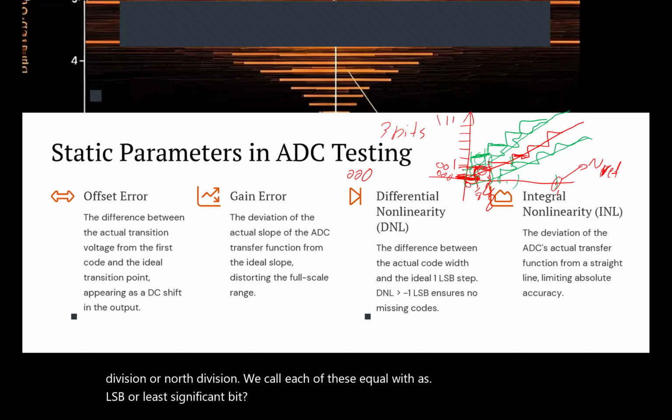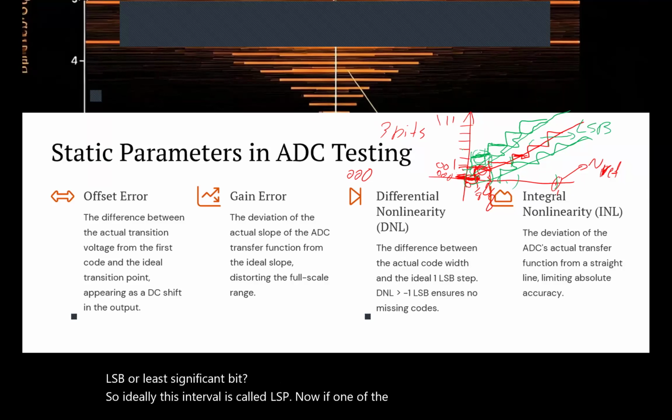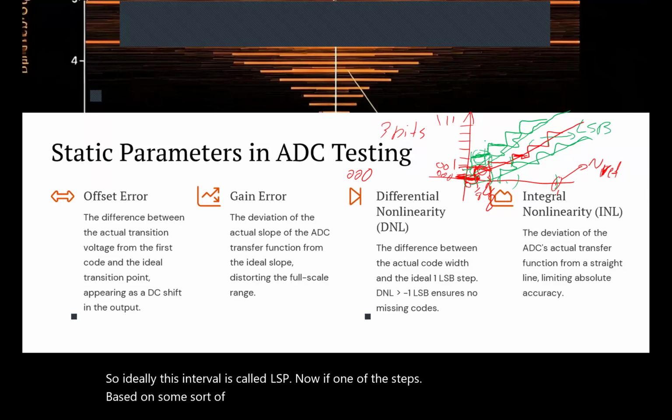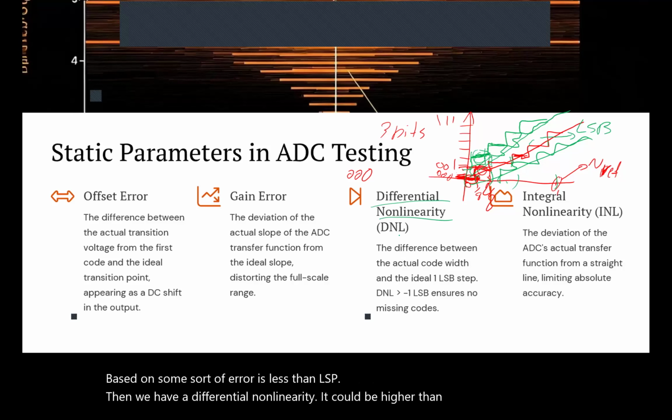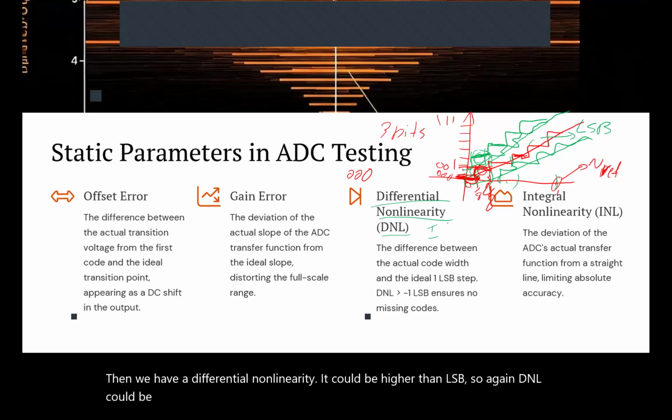So ideally, this interval is called LSB. Now, if one of the steps, based on some sort of error, is less than LSB, then we have a differential nonlinearity. It could be higher than LSB. So again, DNL could be positive or negative.